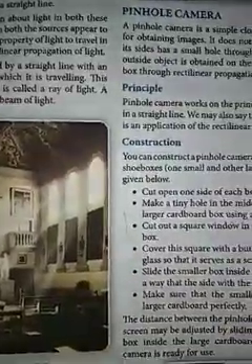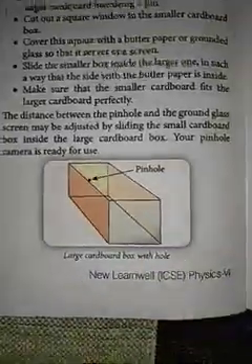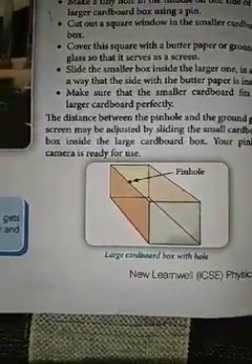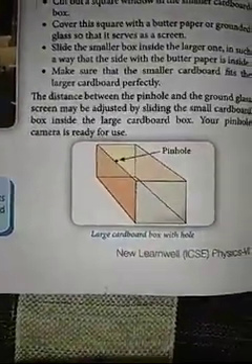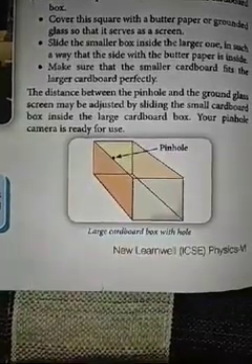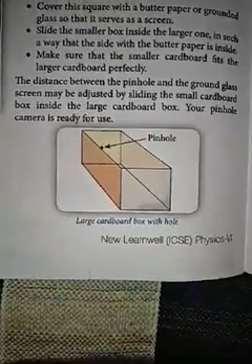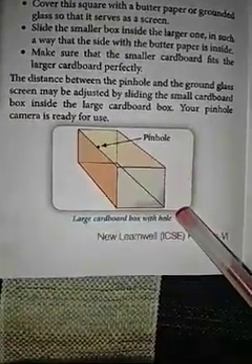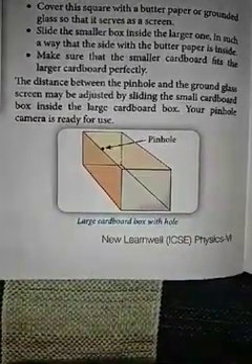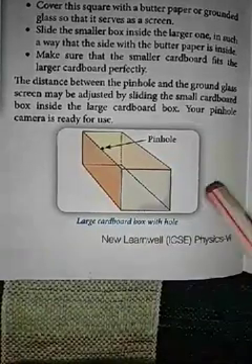Now we discuss the pinhole camera. A pinhole camera is a simple closed box device used for obtaining an image. It does not have a lens. One of its sides has a small hole.